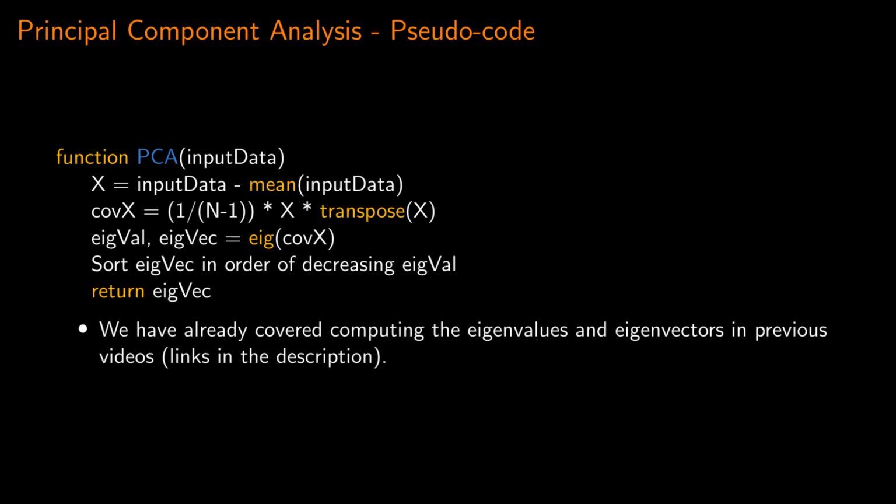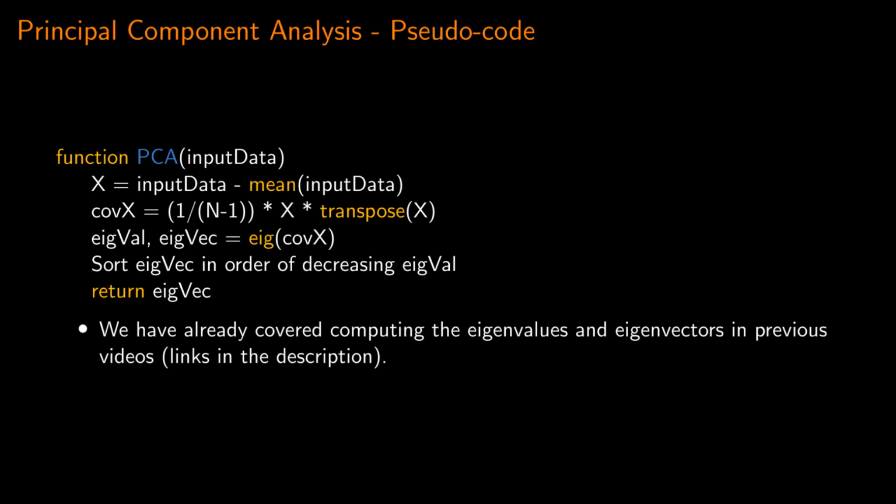It is actually quite simple, mostly because we have covered much of the groundwork already in previous videos as we have built up our linear algebra library. So we can see that we first subtract the column-wise mean from the data, bearing in mind that this might be different if the data were arranged differently. We then compute the covariance matrix, and then we compute the eigenvalues and eigenvectors of the covariance matrix.